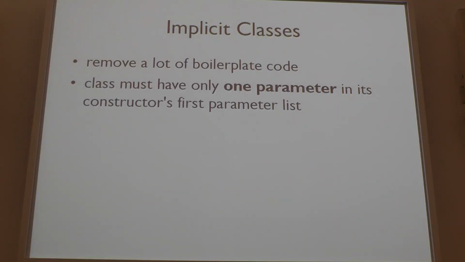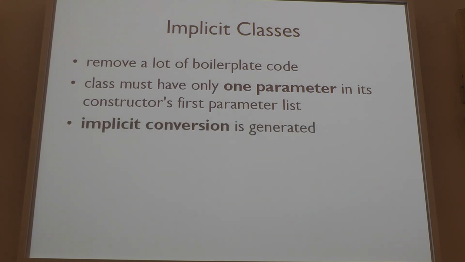The limitation is that the class must have only one parameter list with one parameter. Or actually, its first parameter list must have only one parameter. There can be another parameter list, but let's not go into that.